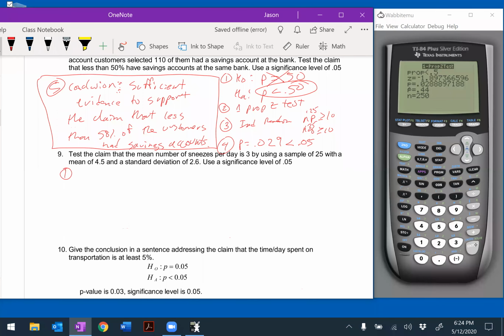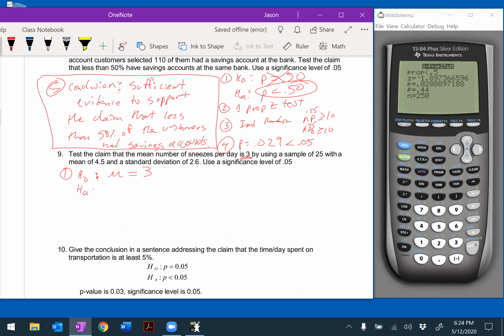What's the null? The null is that mu is equal to 3 sneezes per day, since that's the claim.